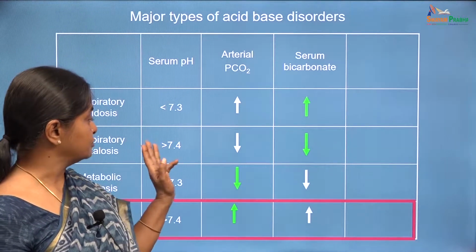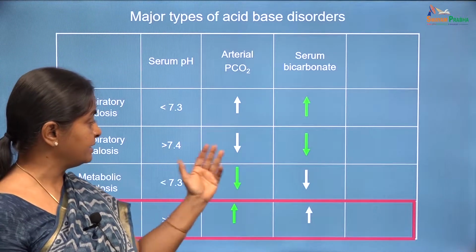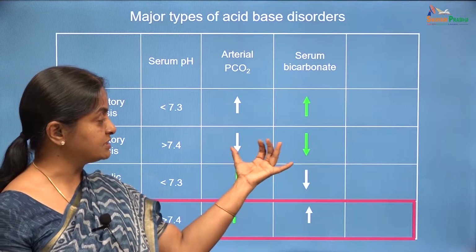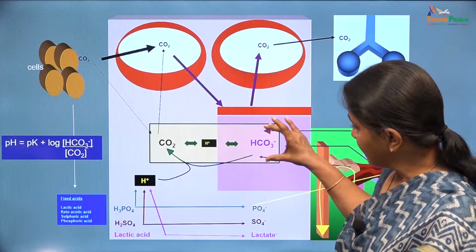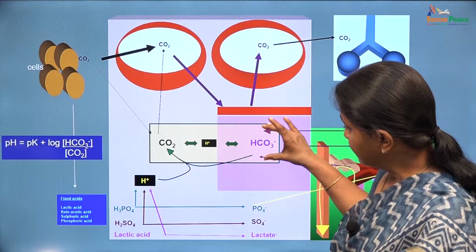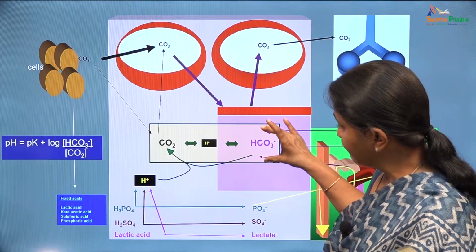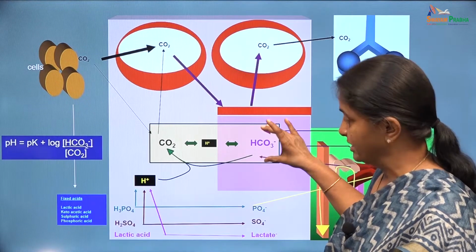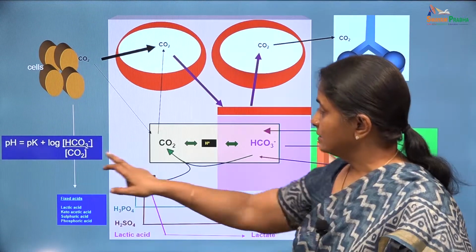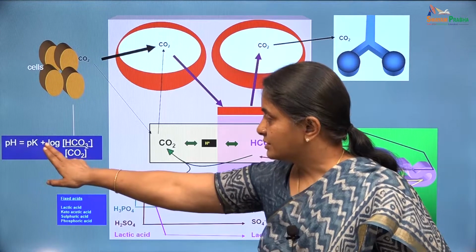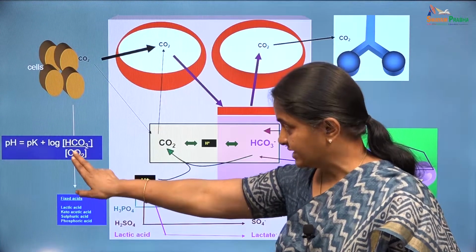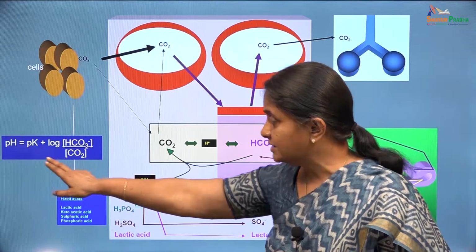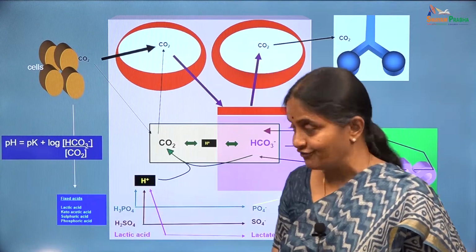In respiratory alkalosis, the pH is high, but these two parameters are lower than normal. So, metabolic alkalosis is primarily a condition where serum bicarbonate is higher than normal. Since pH depends on the ratio of bicarbonate to carbon dioxide, this ratio has to be 20 so as to have a pH of 7.4.